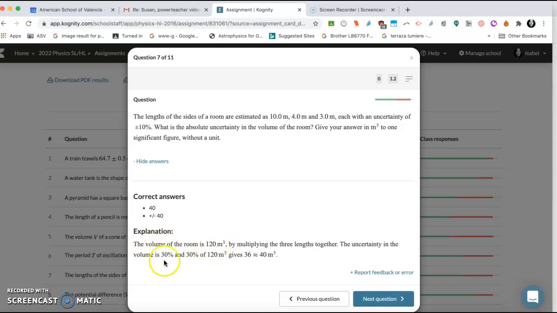You can either use the percent button on your calculator, 30 percent times 120, or express 30 as a fraction: 30 divided by 100 times 120, and that gives you 36. Careful though, because it says give your answer to one significant figure, so that rounds to 40.